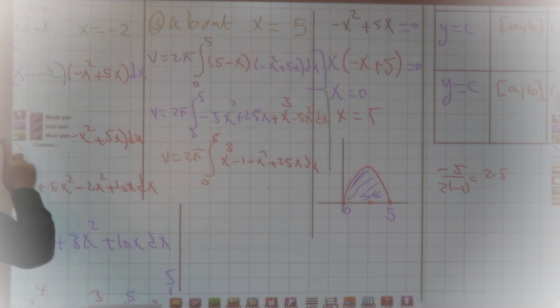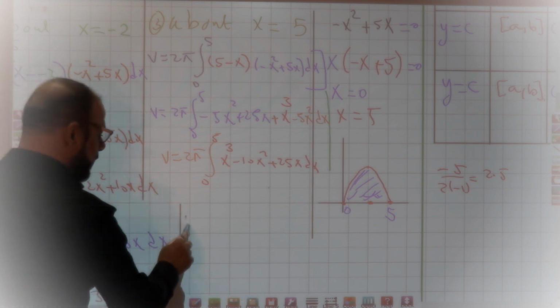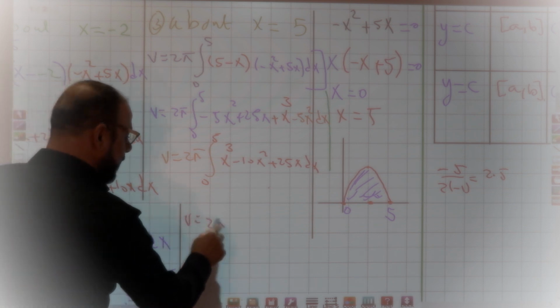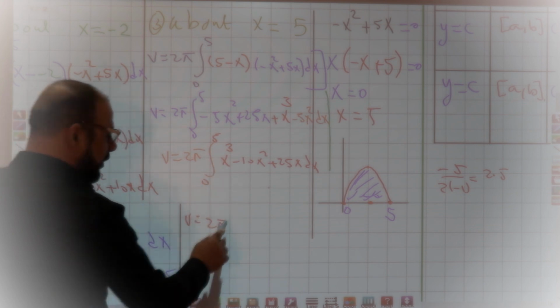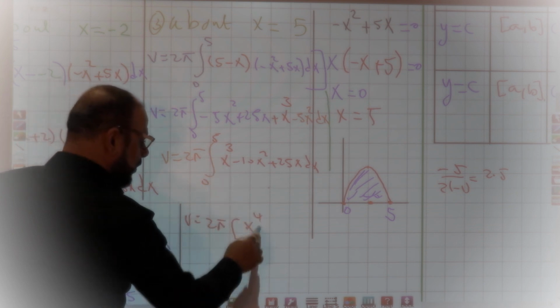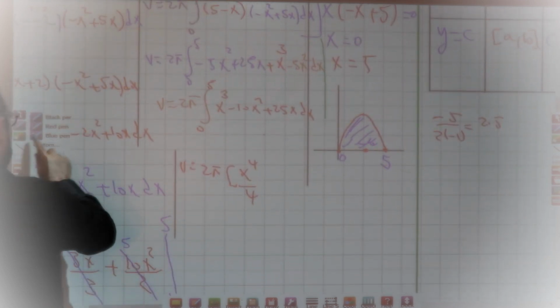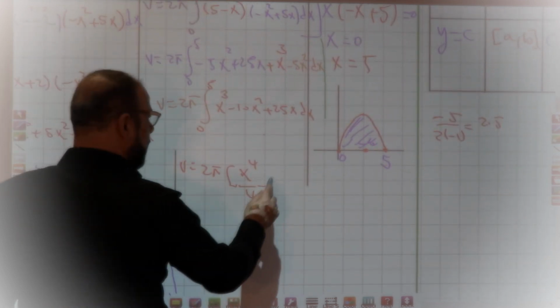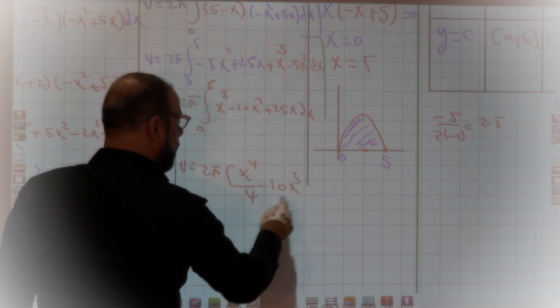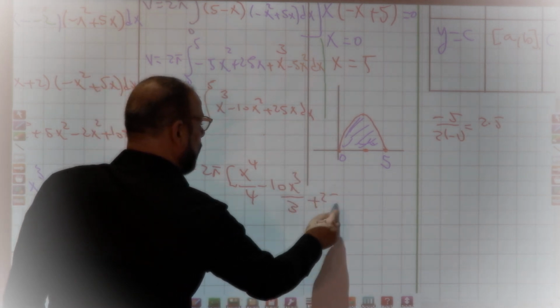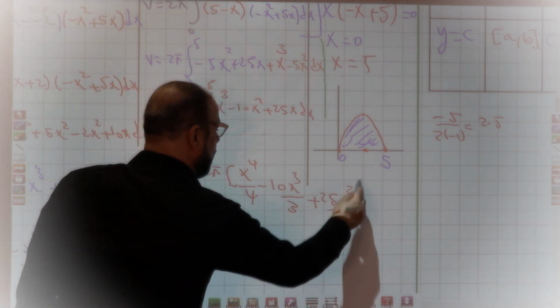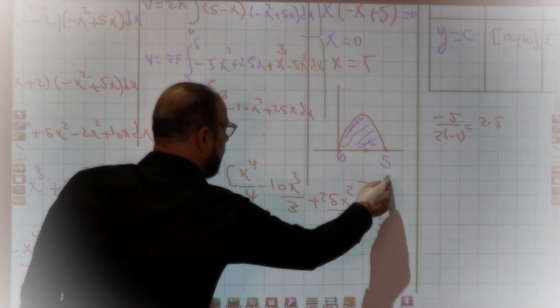Okay, volume equal 2 pi, and this is gonna be x to the 4 over 4, minus 10x cubed over 3, plus 25x squared over 2 from 0 to 5.